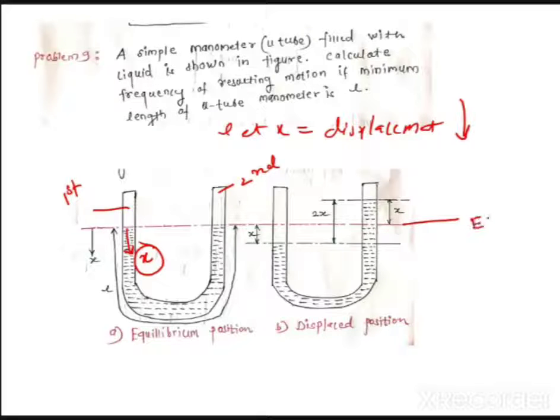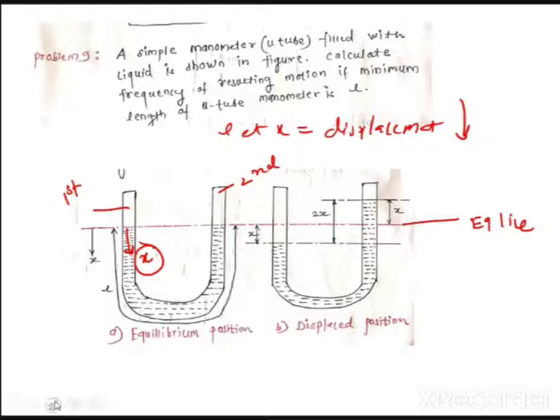This is, let us say, the equilibrium line. So the amount of liquid which will move in a downward direction, the same amount x will be raised in an upward direction, right?